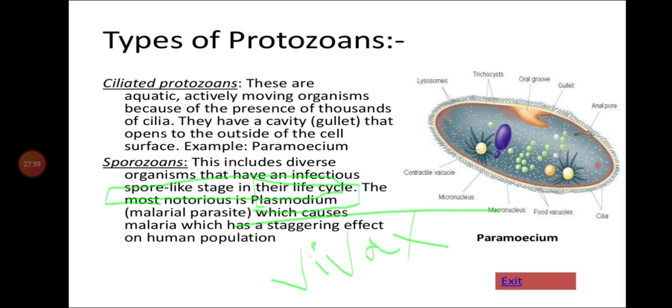Zoans means animals, so sporozoans. That's all about the four types of protozoan.